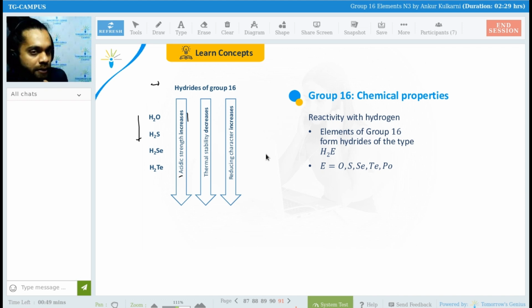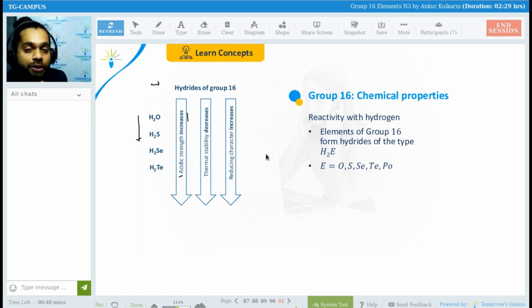What is an acid, everyone? You'll get your answer over there. How do you define an acid? Acid is a substance that loses H plus.